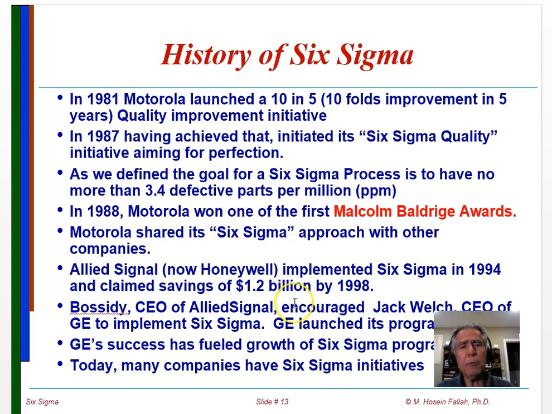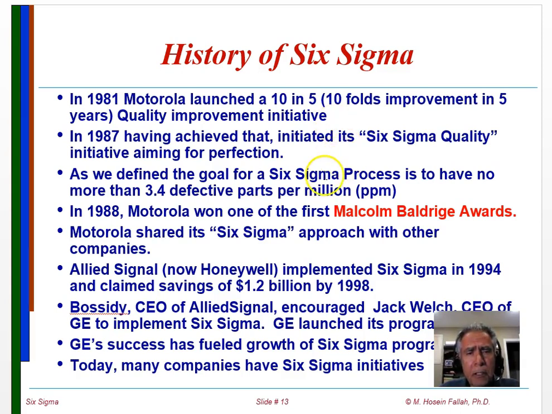So now let me talk a little bit about the history of Six Sigma. Motorola actually has been a pioneer in quality management. In 1981, they launched a 10 in 5 initiative that was aimed to improve the quality of its key products by a factor of 10 in 5 years.